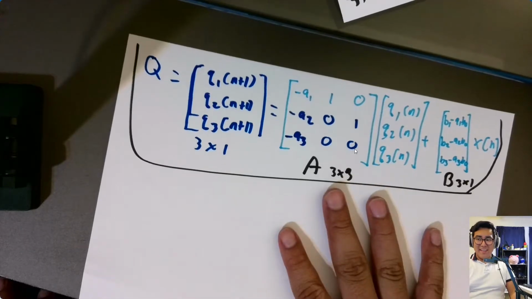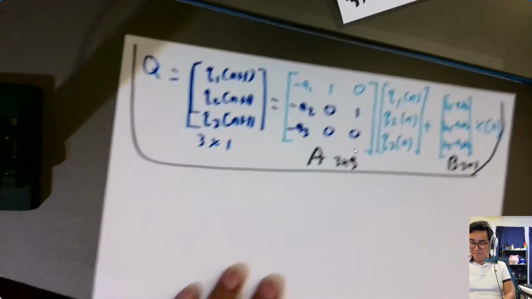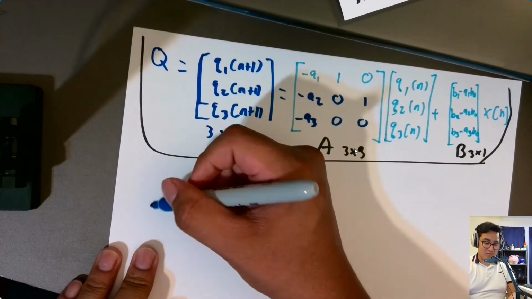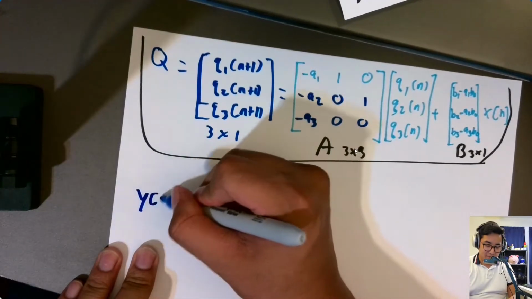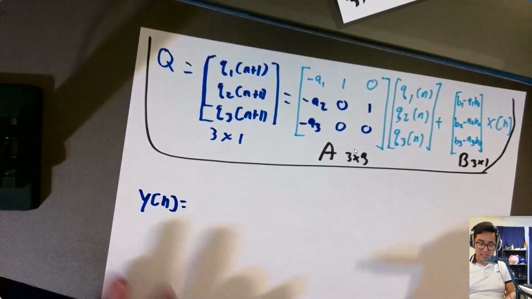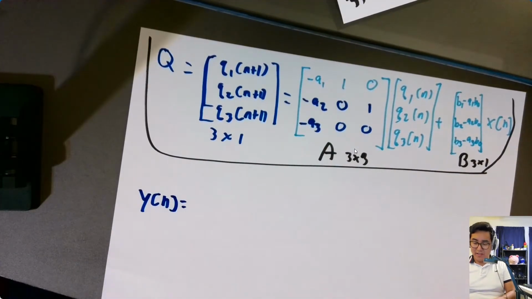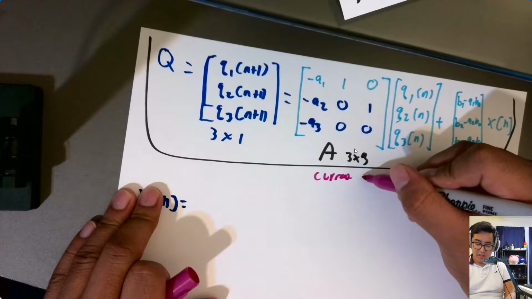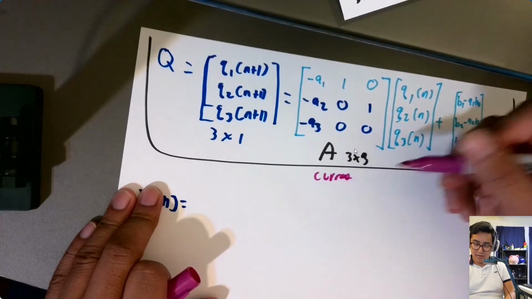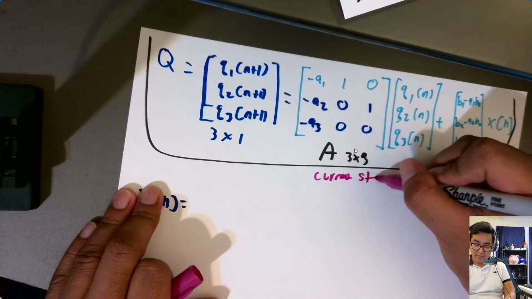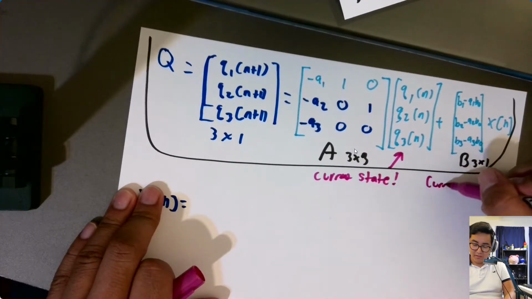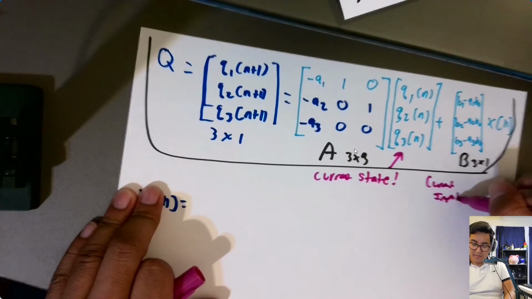So now we're done with that. Now I gotta tackle the output. The output, which is just one output, y of n, is going to equal current nodes or current state, and current input.